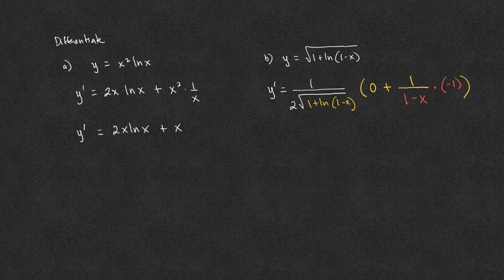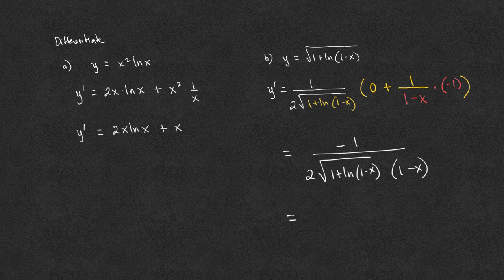We still need to simplify this. This is negative 1 in the numerator, and then 2 the square root of 1 plus ln of 1 minus x. And then we still have a factor of 1 minus x in the denominator.